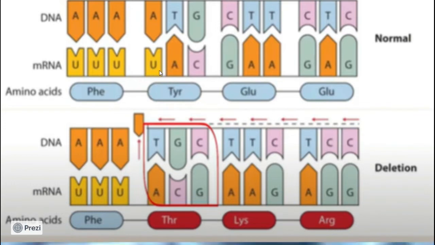So in this part, the sequence is disrupted. So a deletion occurred in this sequence.